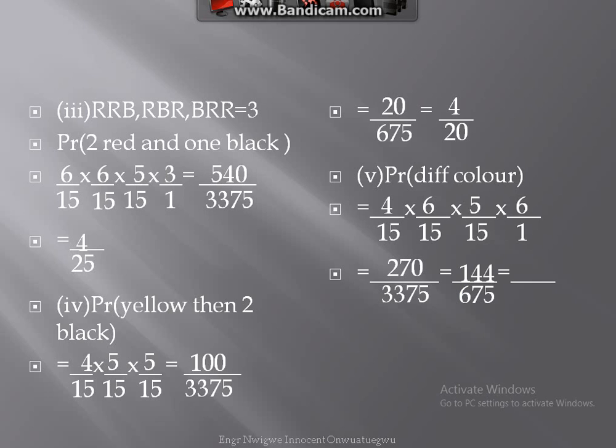If you break it down further, we now have 48 over 225. Solution B. Now we are asked to calculate the probability without replacing.